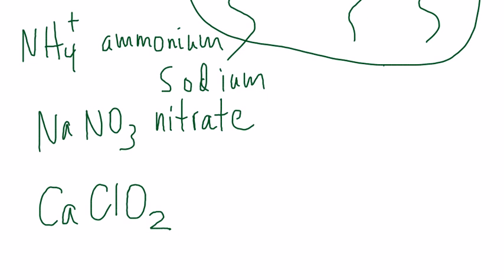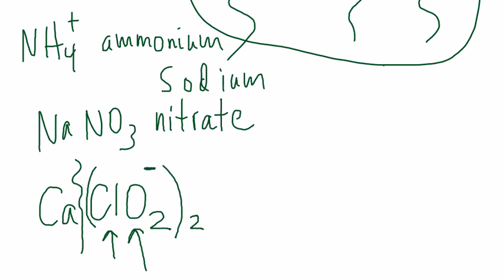When you look at something like CaClO2, we see Ca, the metal part, calcium, but then you see chlorine and oxygen. So this is an indication that it's a polyatomic anion. You flip over to the back of your periodic table and you find it. When you find ClO2, it's ClO2-. So this whole thing is -1.